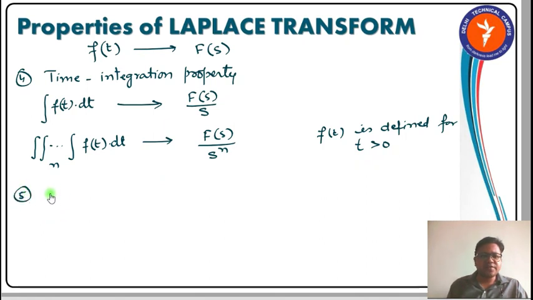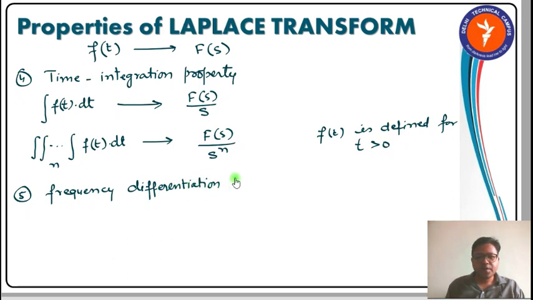The next property is the frequency differentiation property. In this, suppose we have the function t f of t, that is, the given function is multiplied with t, and then we are required to find its Laplace transform.